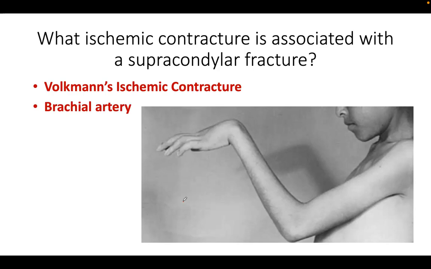So always remember, what are the two very important structures which are very close to the supracondylar area? Number one is the median nerve. Second is going to be the brachial artery.